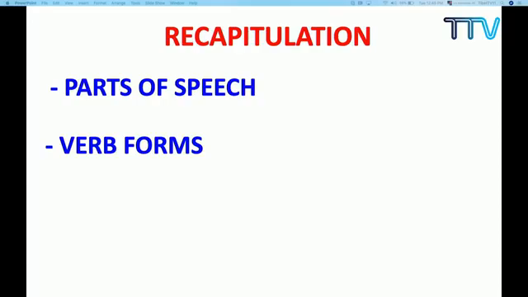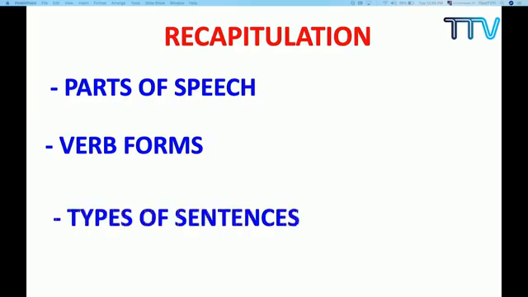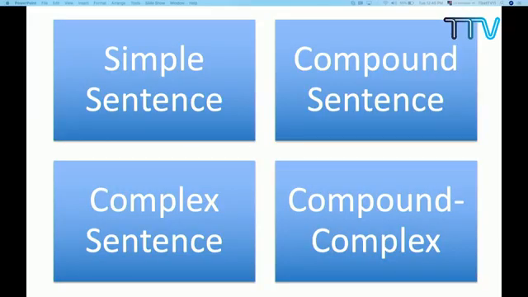So many sessions have been devoted to this particular verb form. And today, we focus mainly on the types of sentences based on structure and types of sentences based on function. And what are the 4 types of sentences? These are the 4 types: simple, compound, complex, and compound-complex.